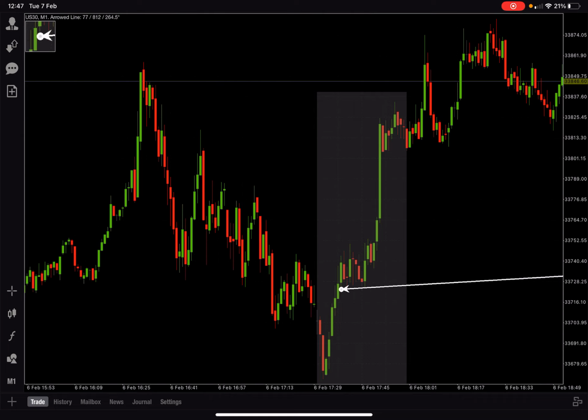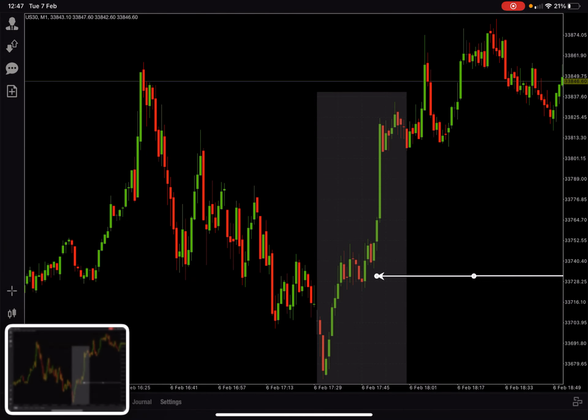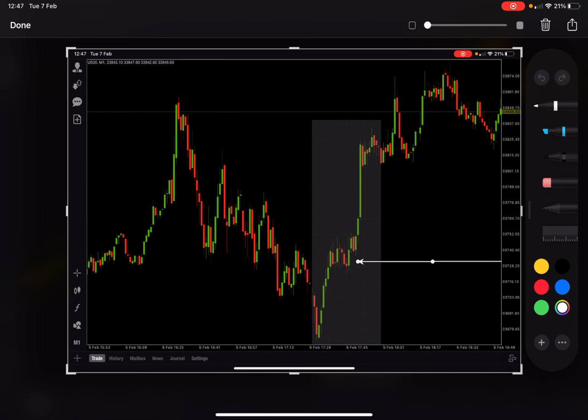So we took the sell side liquidity, then we got the next two candles to the upside. So that is your pattern there. This pattern here is showing the same pattern, which is the movement up, consolidates, goes down, takes that liquidity from this doji, then you get the movement to the upside.